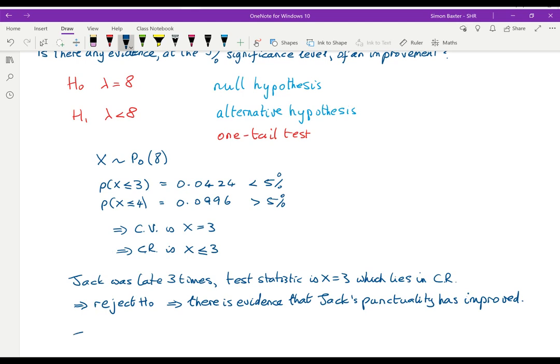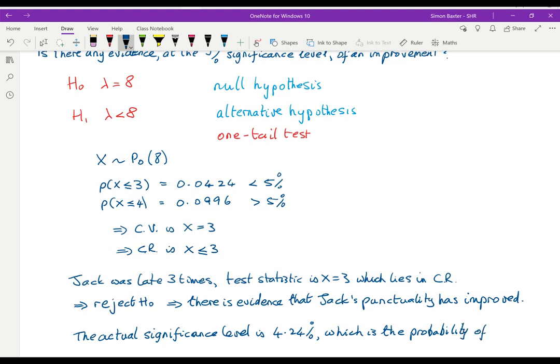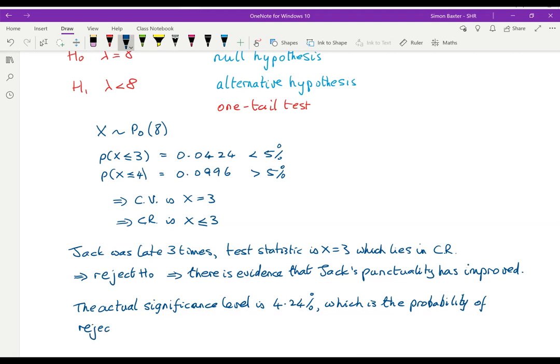Notice that the actual significance level is 4.24%, and this is the probability of rejecting H0 when it is in fact true.